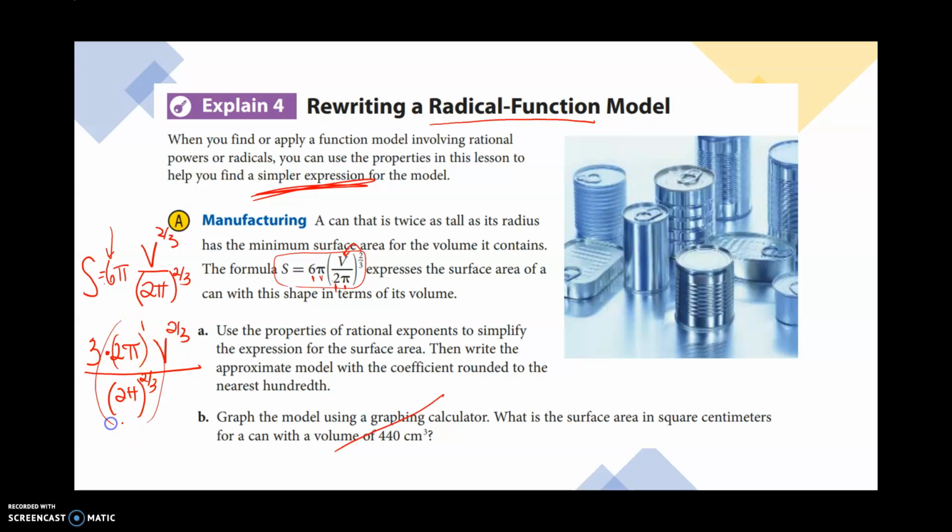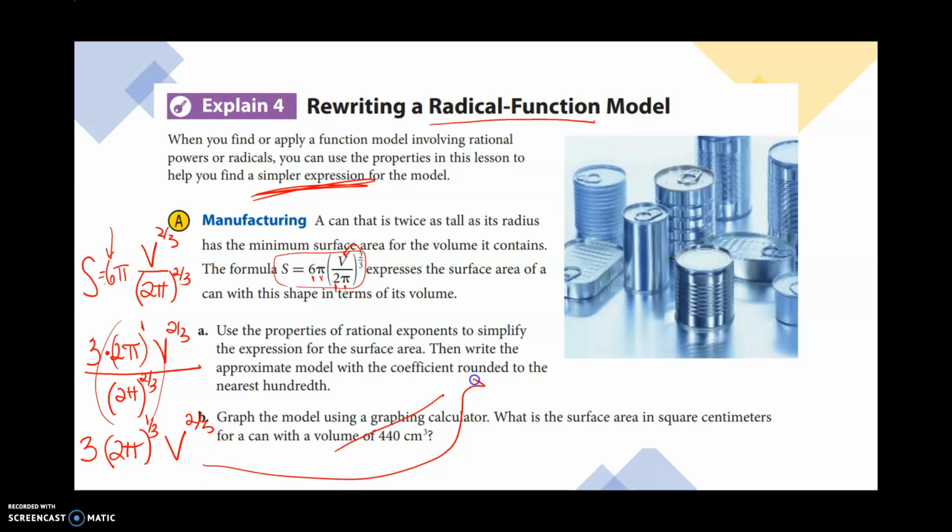Now notice I can work with that. All right, so I have 3. And then this is 2 pi to the 1 minus 2/3, isn't it? 2 pi to the 1 minus 2/3. Yep, and then I have a v to the 2/3.